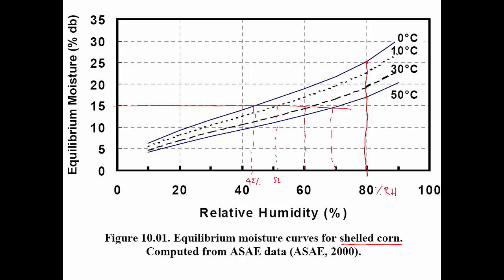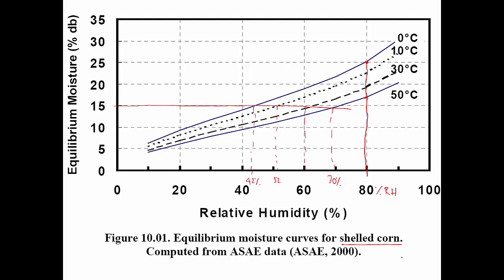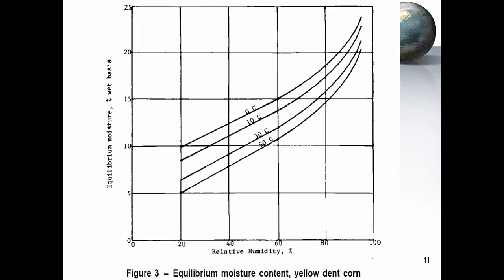At 50 degrees Celsius, that's about 70% RH. So what that says is, if I want to store the corn at 15% moisture content at a higher temperature, I can even store it at humid relative humidities. And if it is at a colder temperature, I have to keep it in a relatively dry environment, with less humidity. So that's the kind of relationship we are looking at.